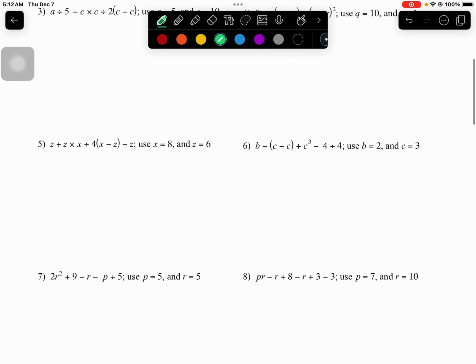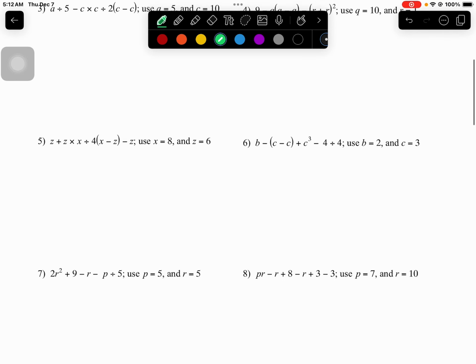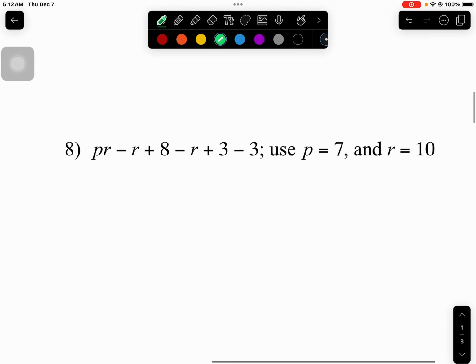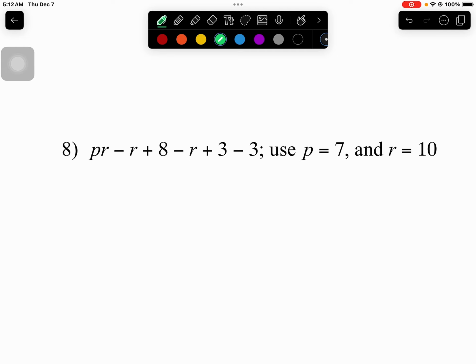Let's go down, let's see. Yeah, like number 8. Okay, you got PR right there. That doesn't mean 710, right? Because P is 7, R is 10. Doesn't mean 710. It means 7 times 10. Okay, times R, which is 10 plus 8 minus R, which is 10 plus 3 minus 3.